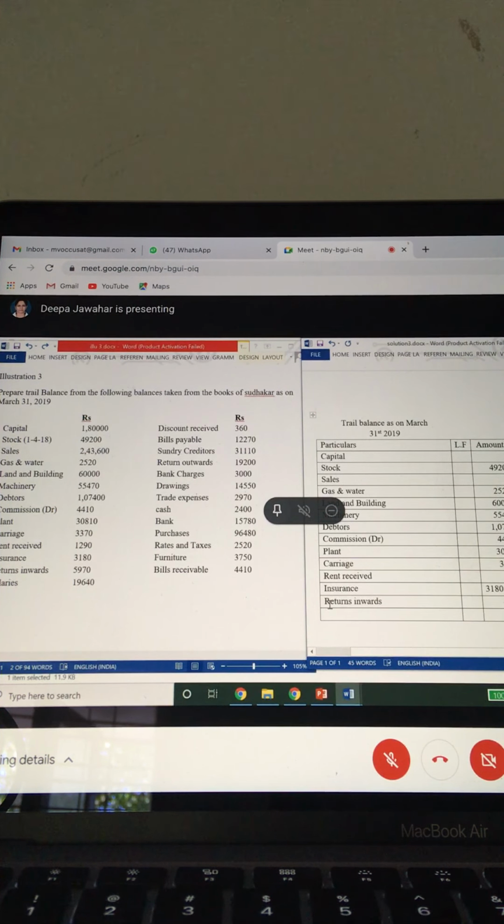So returns inwards, your stock is a little bit increased. After return inwards, stock is increased. Since stock is increased, debit.